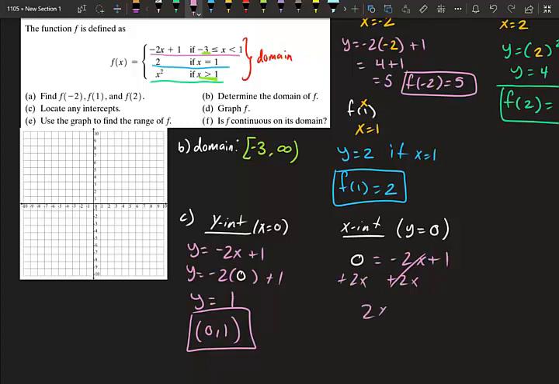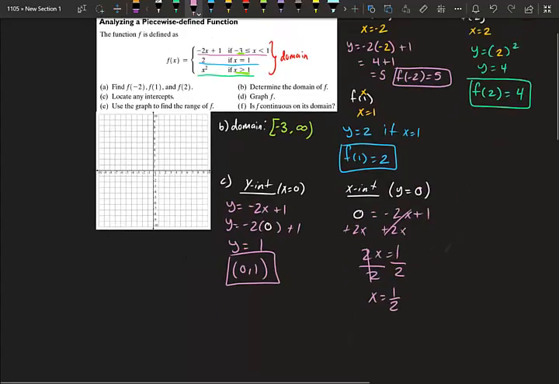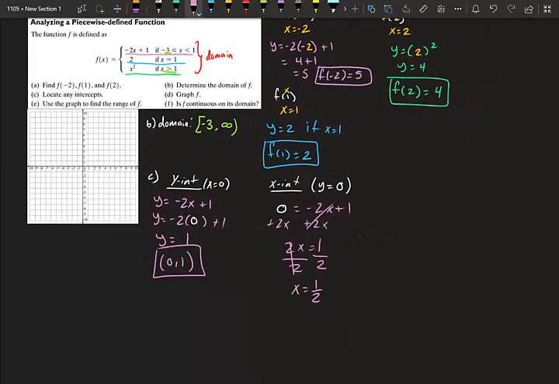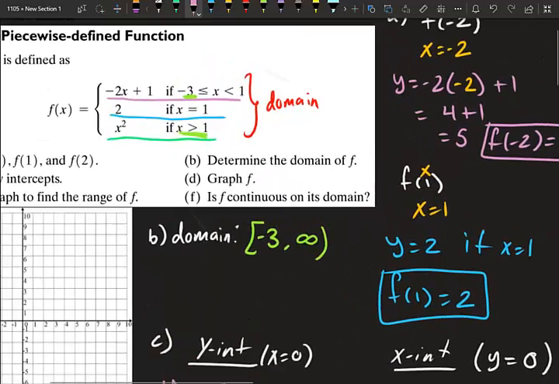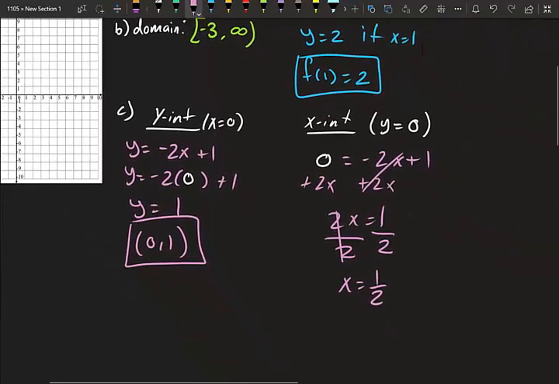So we have 2x equals 1, divide by 2. So we get x is 1/2. Does the domain support 1/2 for x? So if we go back to the top domain, 1/2 works. 1/2 is in between -3 and 1. So this is an x-intercept because it works for the domain.